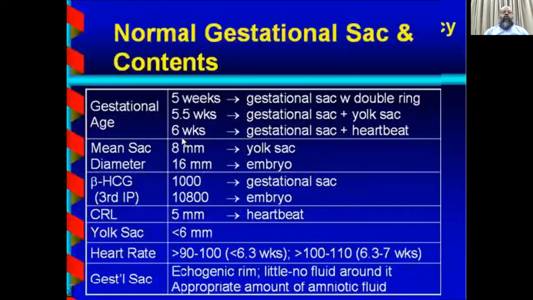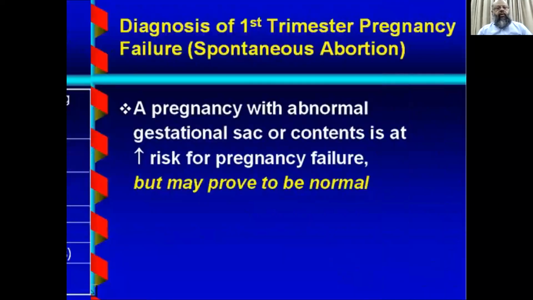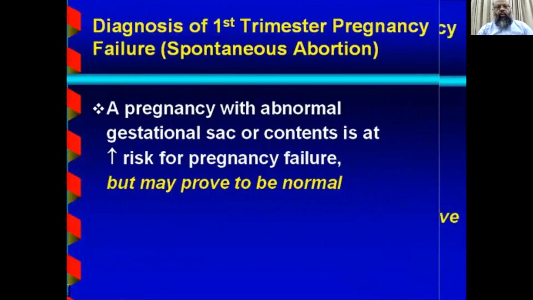So the diagnosis of first trimester pregnancy failure, spontaneous abortion: the presence of an abnormal gestational sac or contents is at high risk for pregnancy failure, but may prove to be normal.